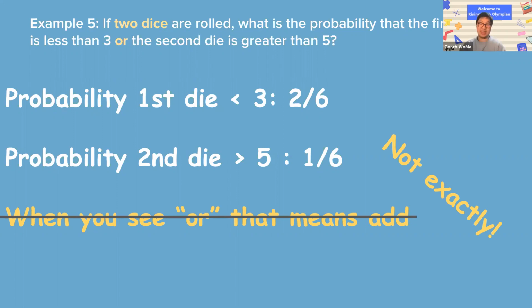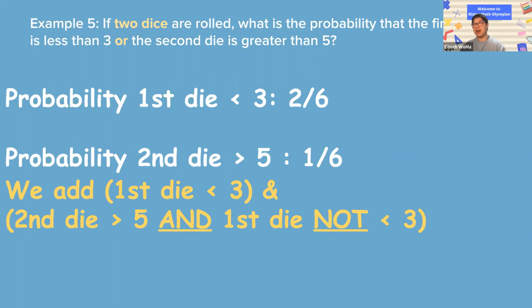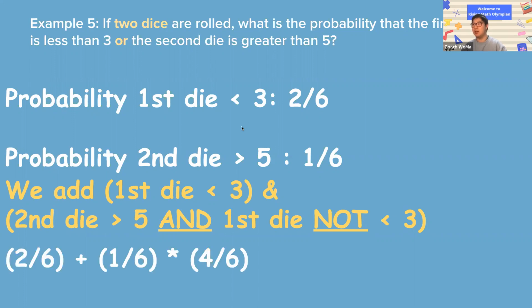What you want to do instead is add the first die less than 3, 2/6. But then you also want to add the probability of the second die being greater than 5 and the first die not being less than 3. I'll explain more why, but this is what we need to do in this case.